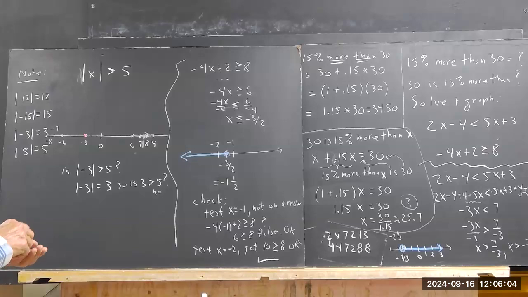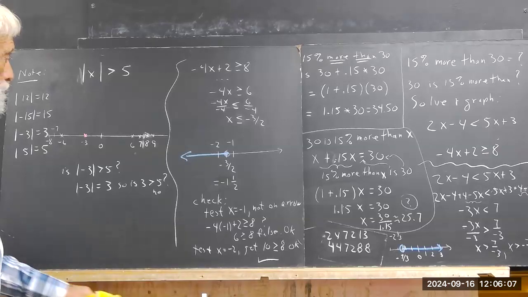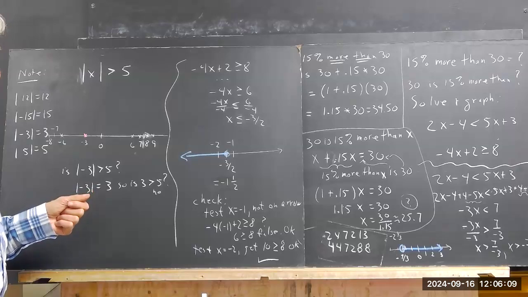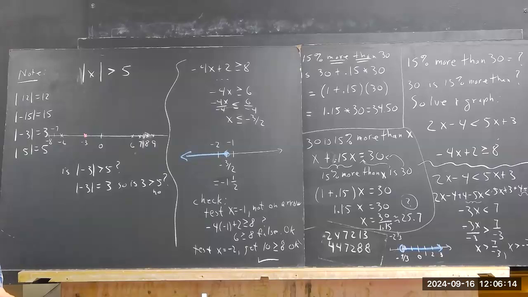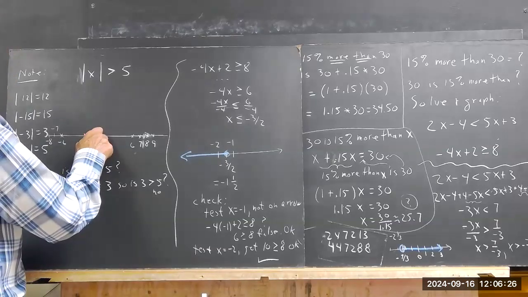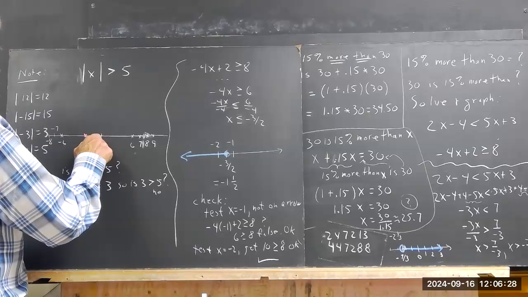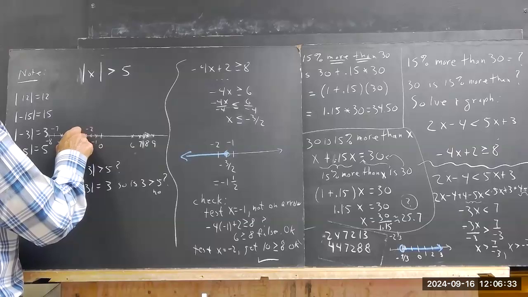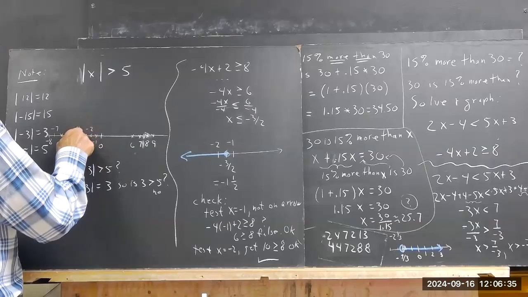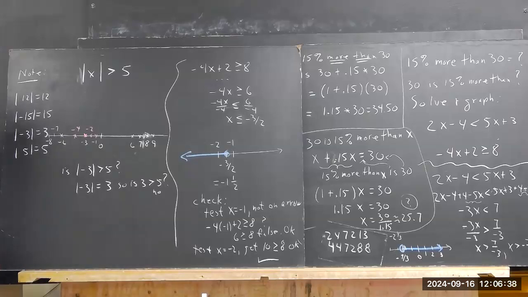Now show me a number that doesn't satisfy this, to the right on the number line. Yep. Good. Okay, so we got, I think, -1, -2, -4. I'm not spacing these apart. There it is.